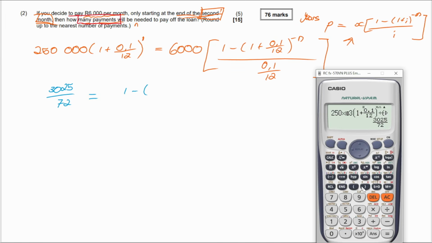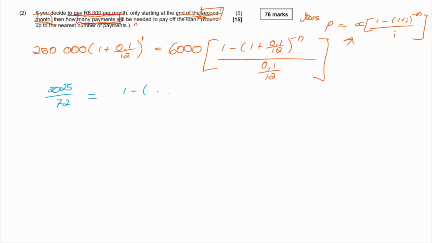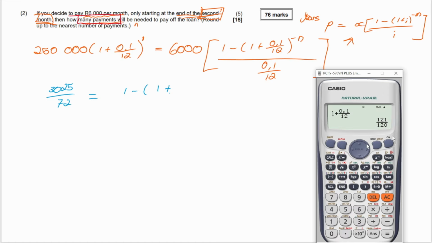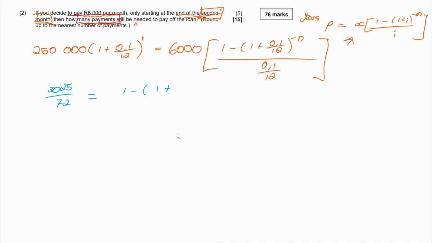So in the calculator I'm going to say 1 plus 0.1 over 12, and that gives me 121 over 120. So this thing in the bracket just becomes 121 over 120, to the power of negative n over 0.1 over 12. Now I'm going to multiply both sides by this.